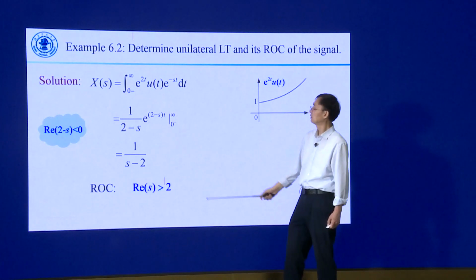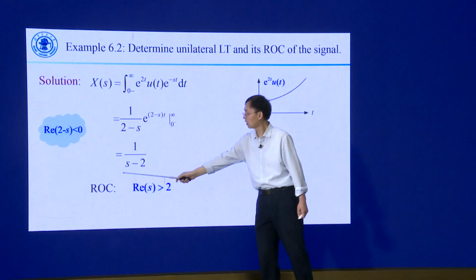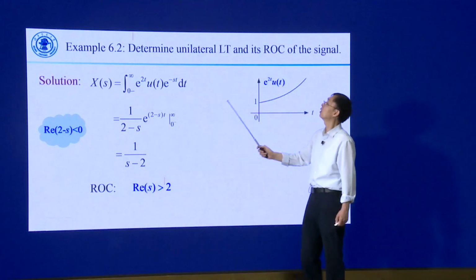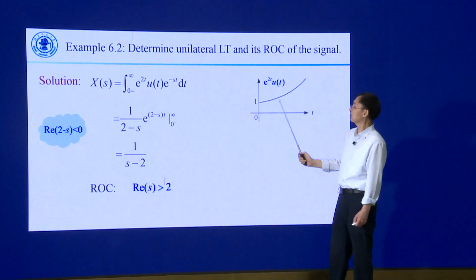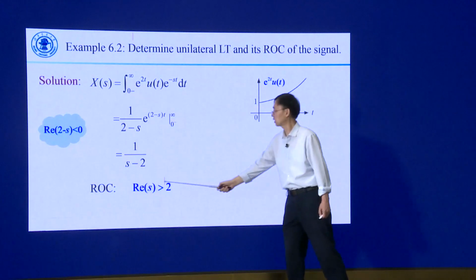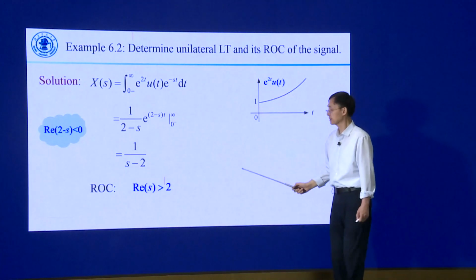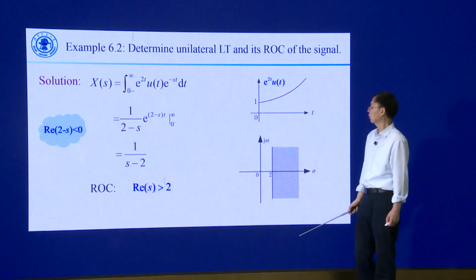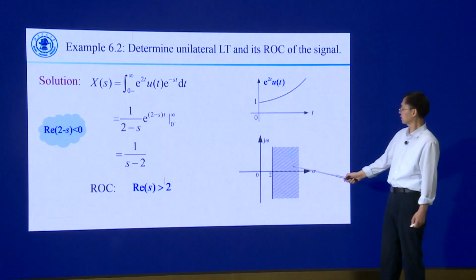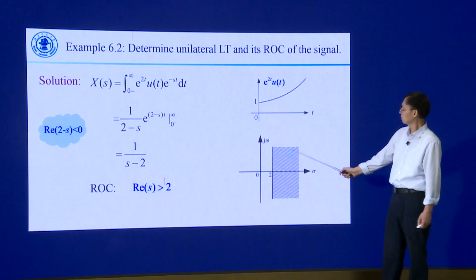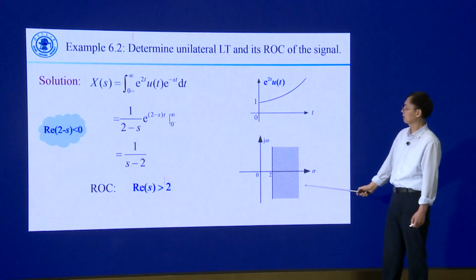So, the ROC for this Laplace transform is Re of S greater than 2. We can describe it in this picture. Here is 2.